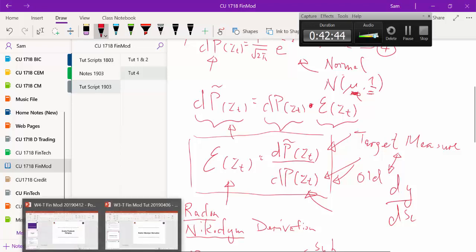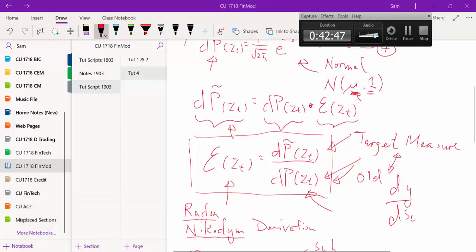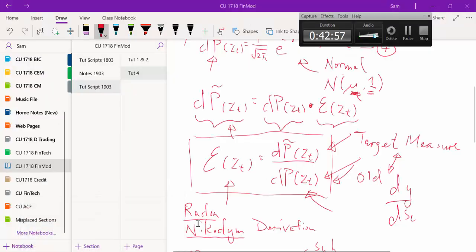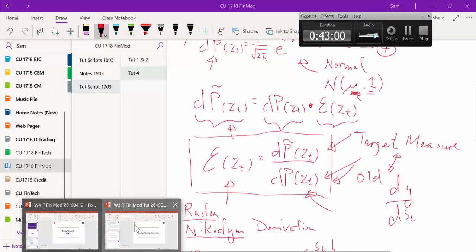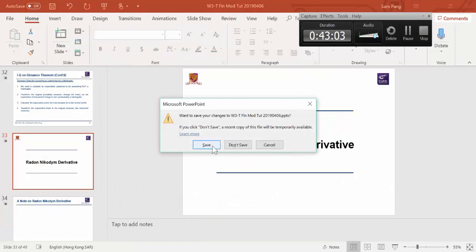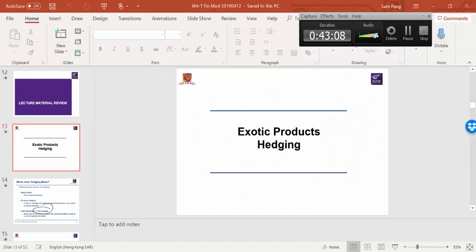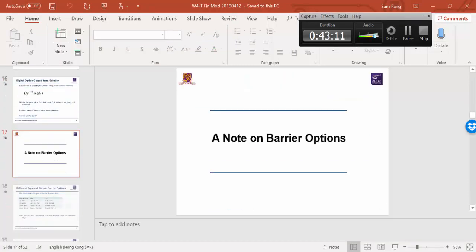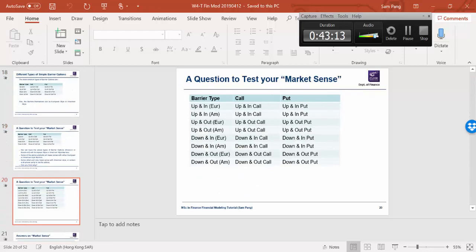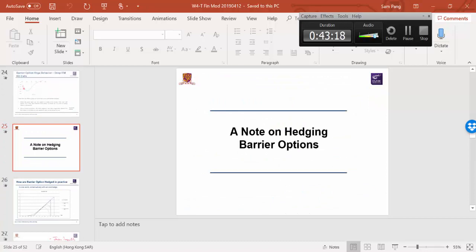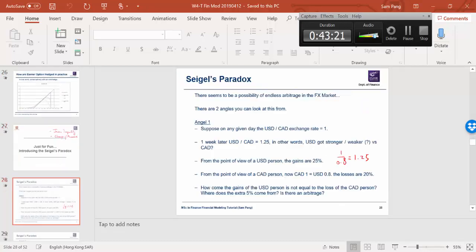Okay. Now let me switch to today. Shut this down. I think this one I'll talk about next time. I was going to share with you some stuff on barrier options, and also how to hedge it.